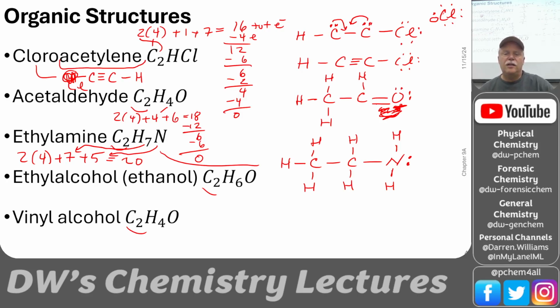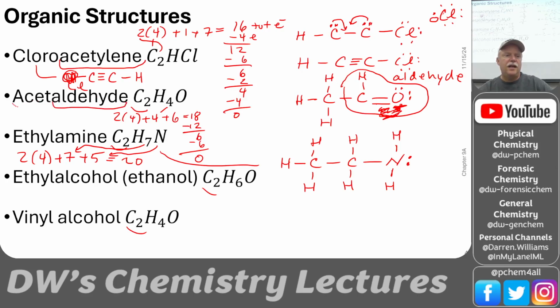And what you're going to notice is some of these things are standard groups. Like this right here is the aldehyde. This carbon double bonded to oxygen with 2 lone pairs, and then the hydrogen on that carbon.